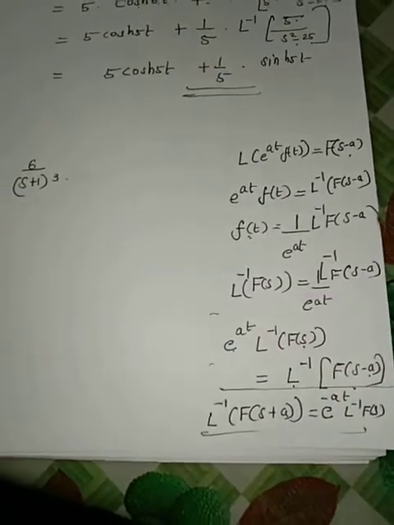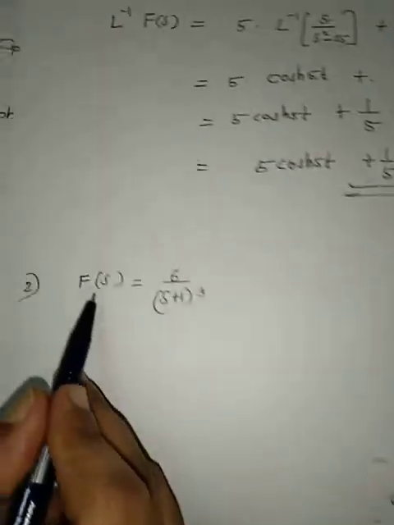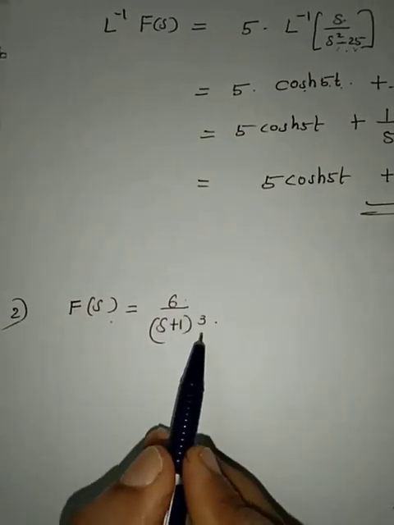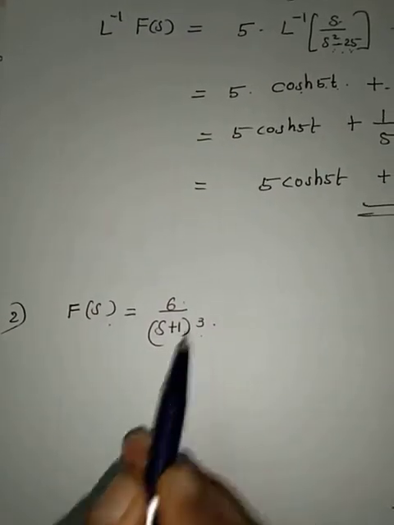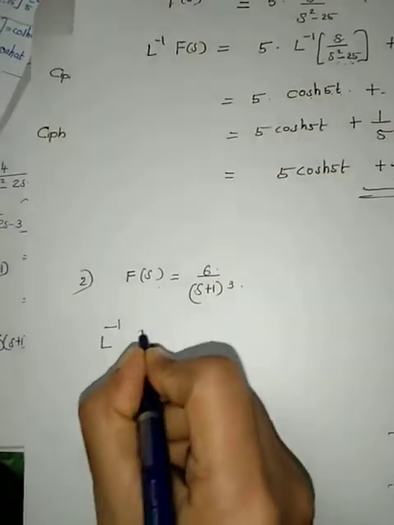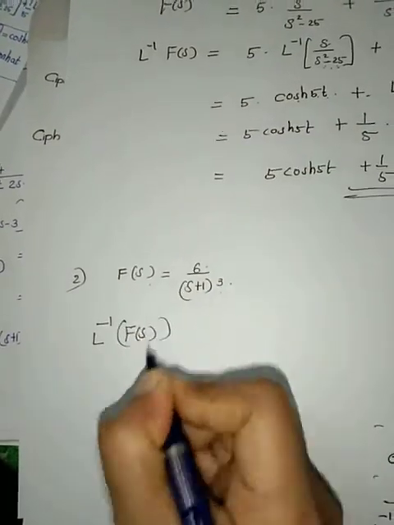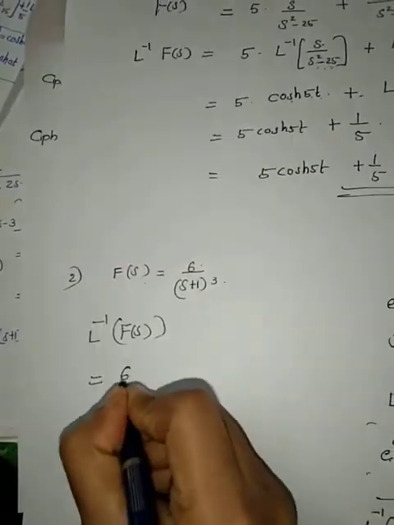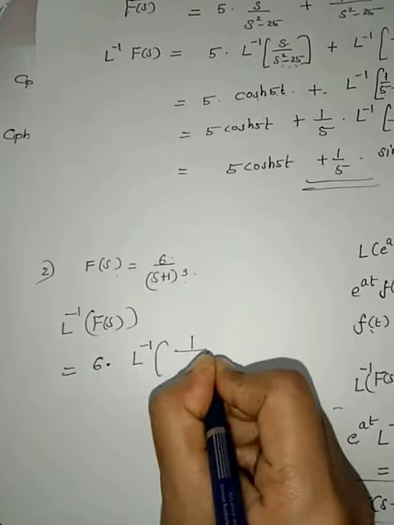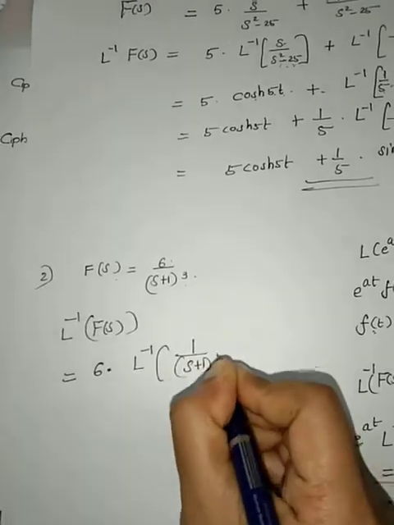So here you have to find the inverse transform of F of s equal to 6 divided by s plus 1 whole cube. So L inverse of F of s is equal to 6 is constant, so we can take it outside, 6 into L inverse of 1 by s plus 1 whole cube.